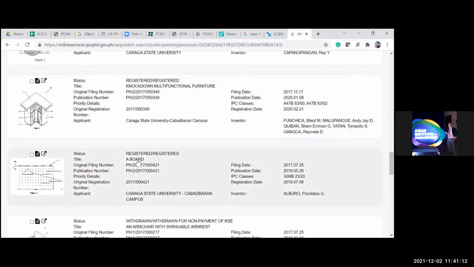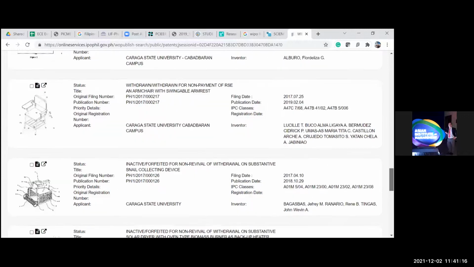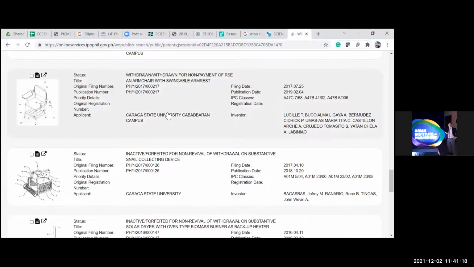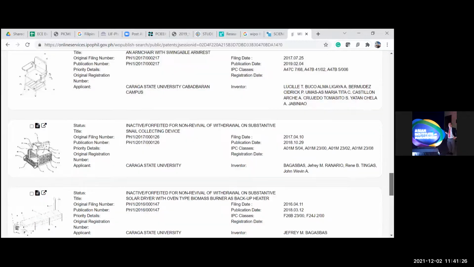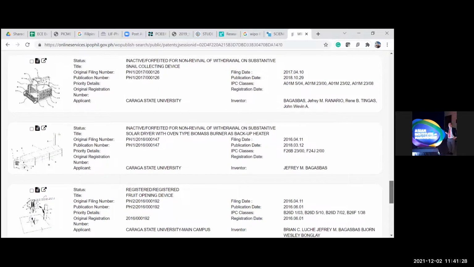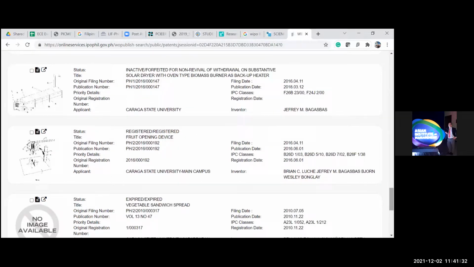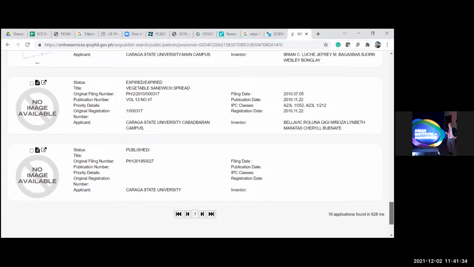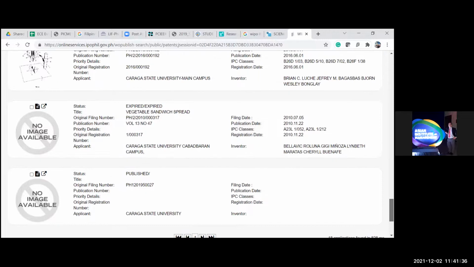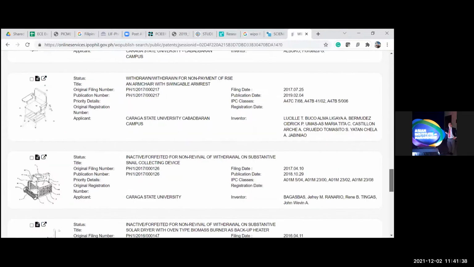Another one is a board registered as a utility model. Another one is a chair but its status is withdrawn. That means perhaps there were problems with payment or non-response. There are even applications that were not pursued and left out because it was decided it's not good to continue the application.